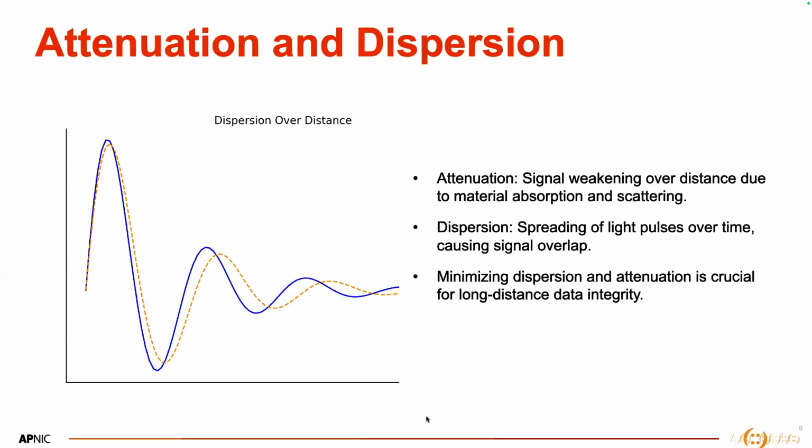So what is attenuation and what is dispersion? Attenuation is basically the weakening of signal over time and distance. As time goes by and as distance is crossed by light in a medium, the signal becomes weak because of the attenuation factor of the medium and because of the decay of the energy of light.